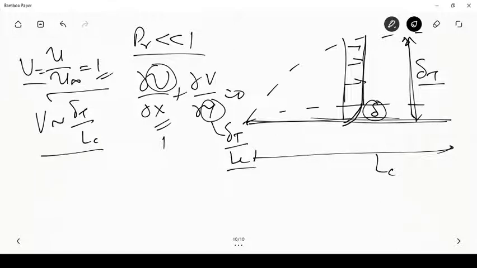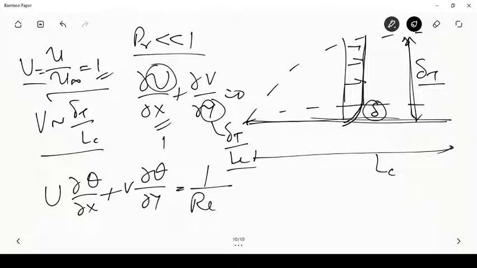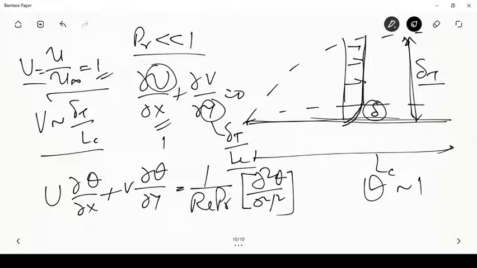When I write the energy equation, U del theta by del x plus V del theta by del y is equal to 1 over RePr multiplied by del squared theta by del y squared. This is my energy equation. Now in this, theta is of course of the order of 1 because it changes from 0 here to 1 here in the thermal boundary layer.